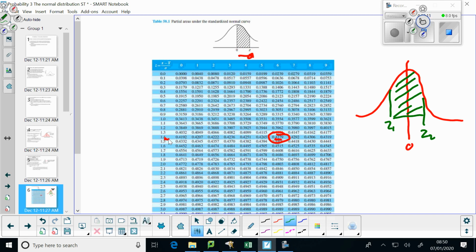That gives you the overall probability of your data being in that range. So that might be heights between 1.4 and 1.6 meters if the mean is 1.5, for instance.